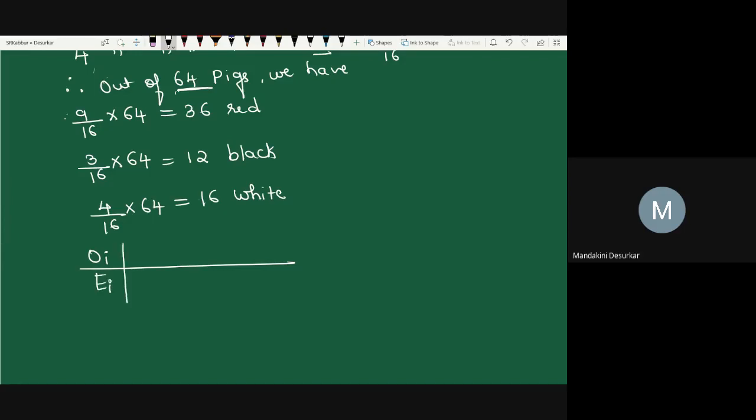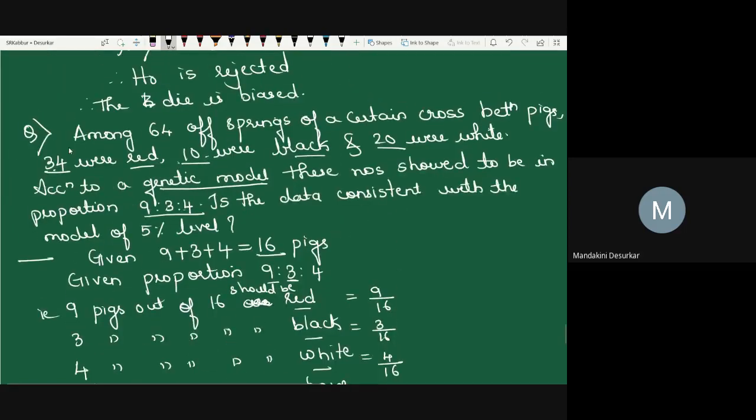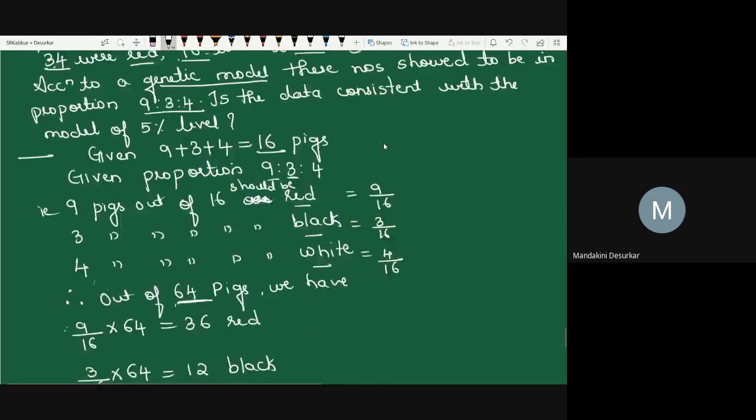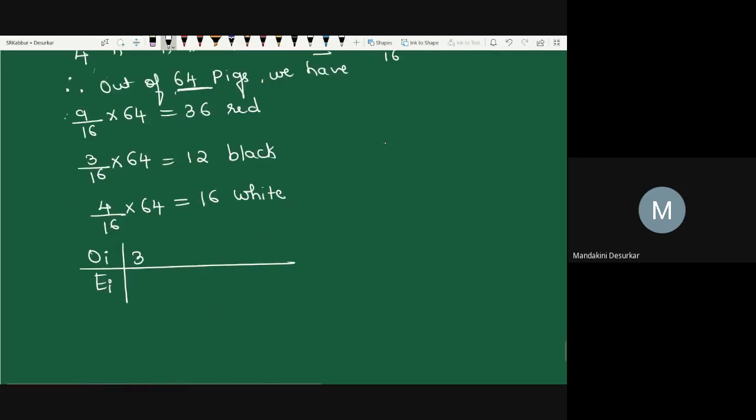Observed frequency is 34, 10 and 20, because this is already given. Expected for red is 36, for black it is 12, for white it is 16.